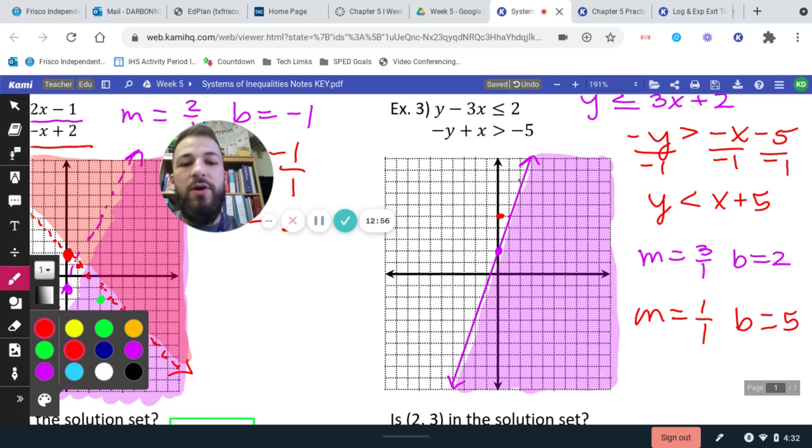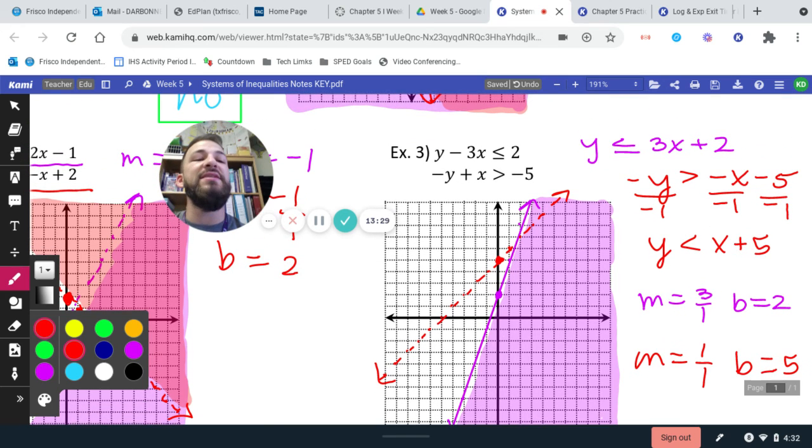Slope is 1, so up 1 to the right by 1. And then it is less than, so it is going to stay dotted. And then less than, so we are shading down below.